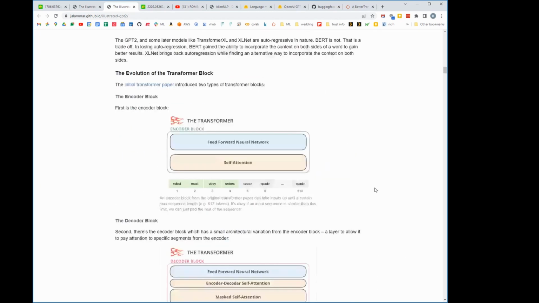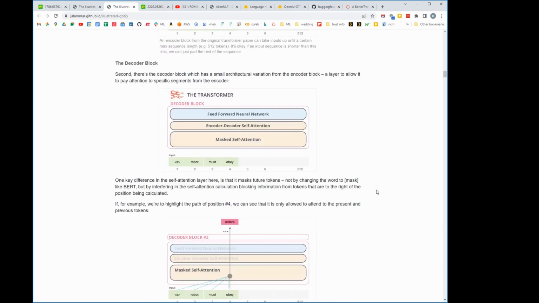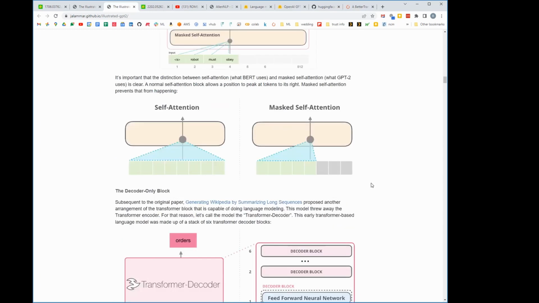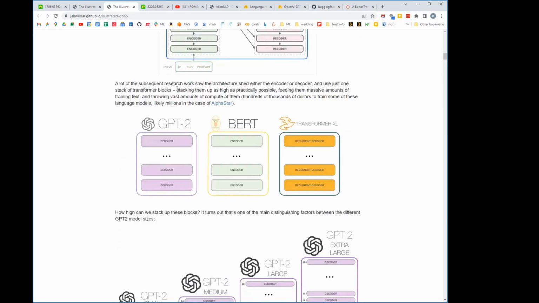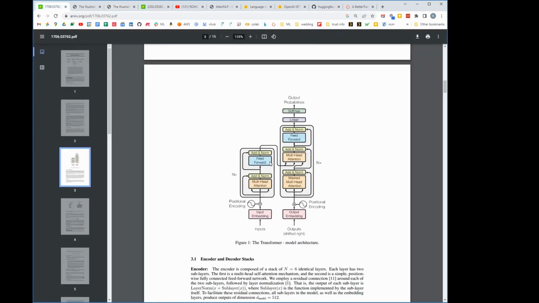Question. So is it that the encoder is never there, not in training, not ever? Well, the first thing again is the difference between an encoder and decoder is that the decoder has masked attention, meaning you only can look at prior tokens. You can't look at the future. Whereas the encoder can look at both sides.